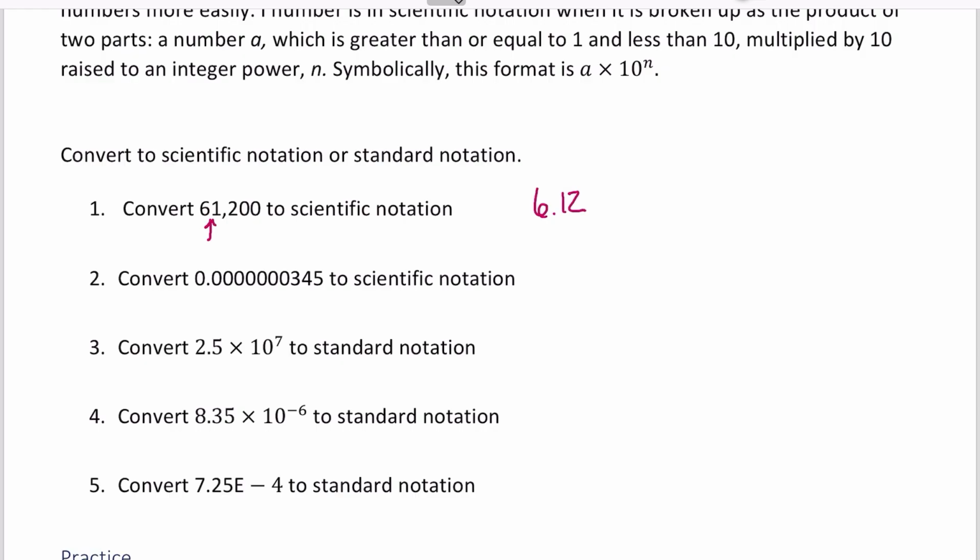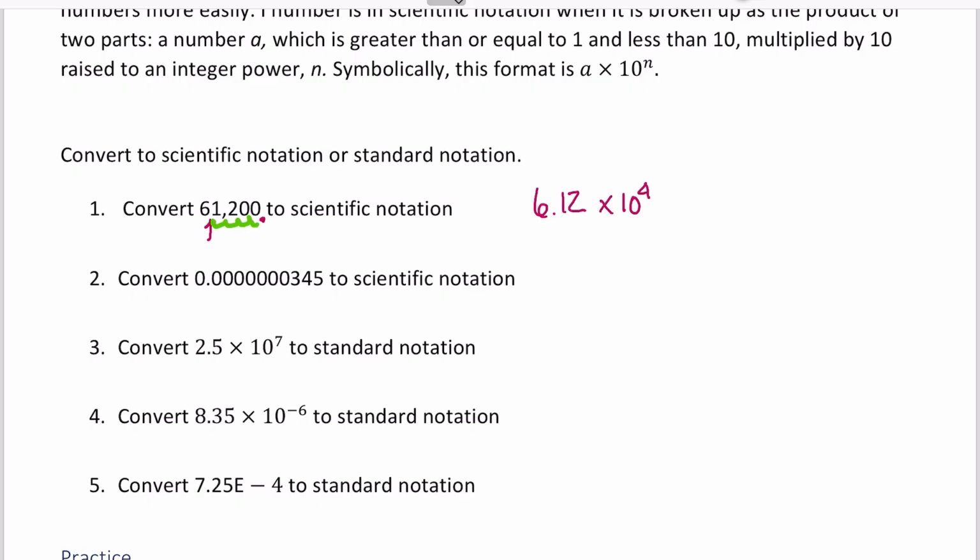The decimal originally starts at the very end of the number if there's none. I count how many places I moved it: 1, 2, 3, 4. I moved it 4 places, so this is 6.12 times 10 to the 4th.